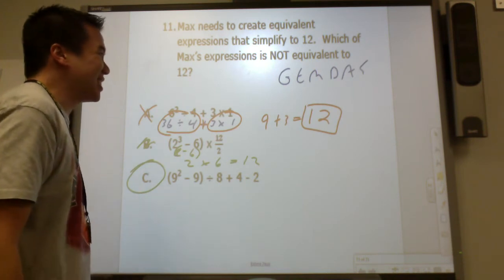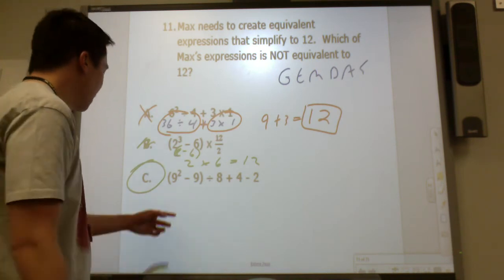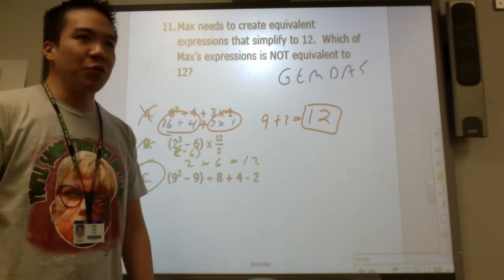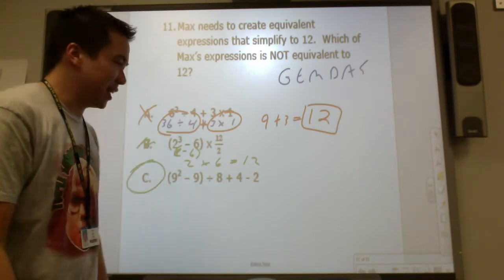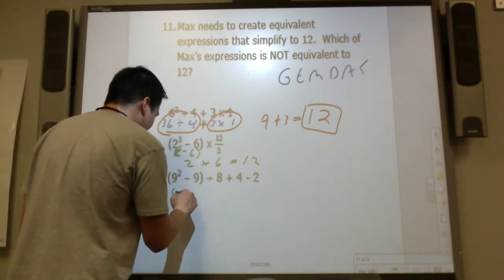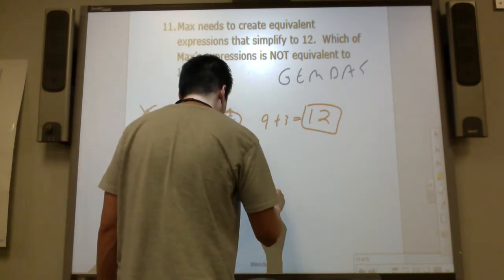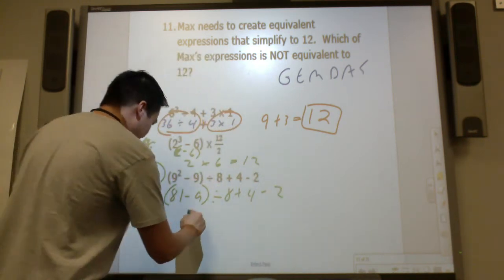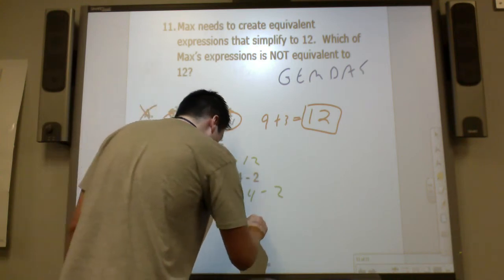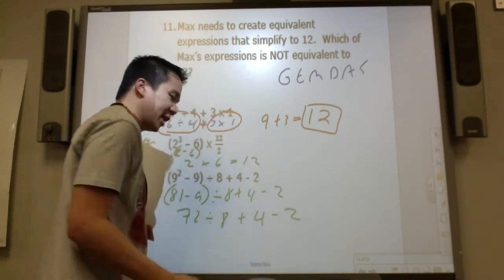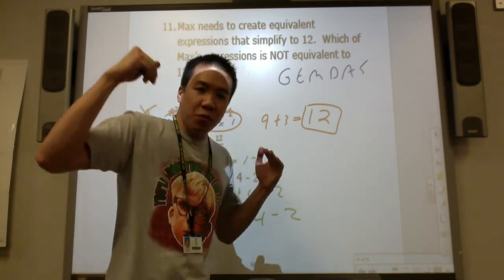Let's see why C is not equal to 12. 9 squared. What's 9 repeated twice? 9 times 9 is 81. 81 minus 9 is 72. So, do you see any next thing after you do grouping?